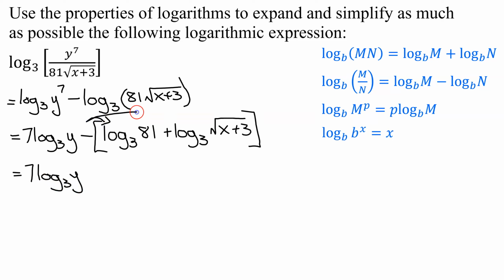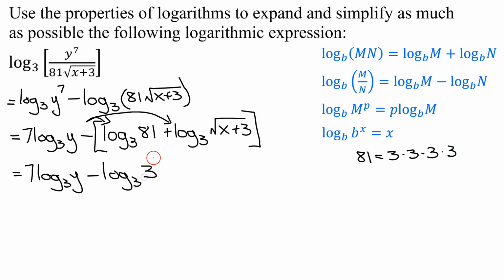I need to distribute the negative into my square brackets, so I have minus log to the base 3 of 81. Now 81 is a power of 3 because 81 is 3 times 3 is 9, times 3 is 27, times 3 is 81.